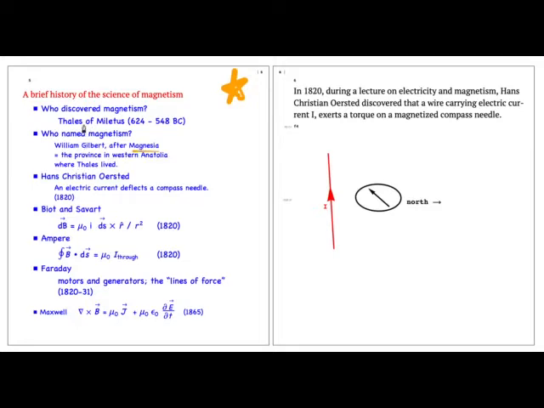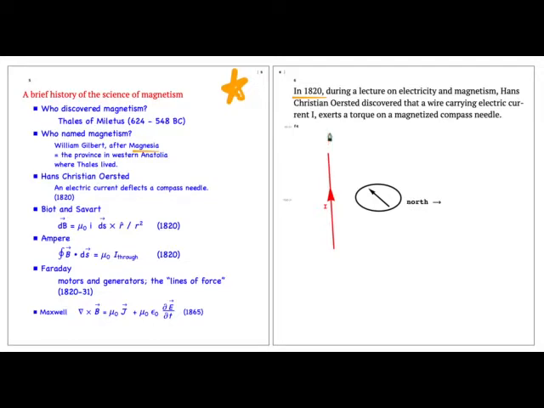Well, now moving into more the modern era, Hans Christian Ørsted was a Danish scientist, and he observed, kind of by accident, that an electric current deflects a compass needle. In 1820, during a lecture on electricity and magnetism, Hans Christian Ørsted discovered that a wire carrying electric current, so that's this current I, exerts a torque on a magnetized compass needle.